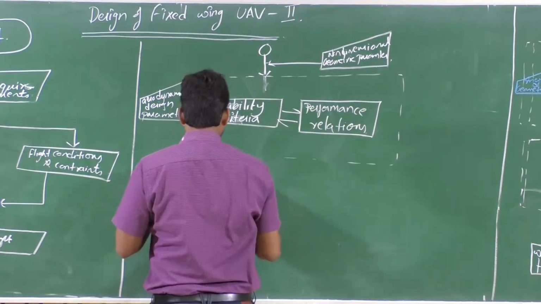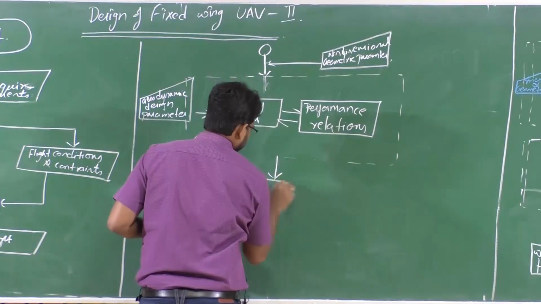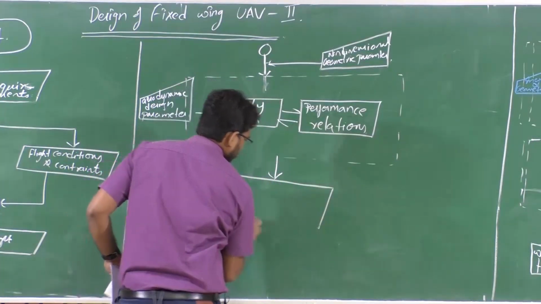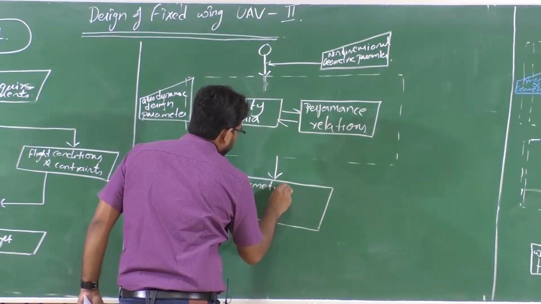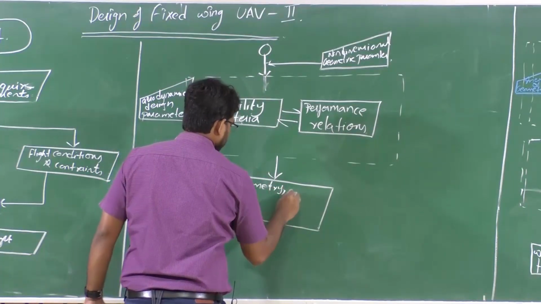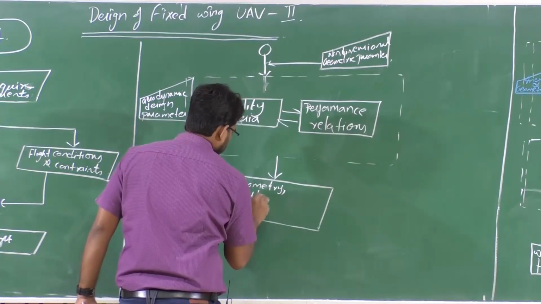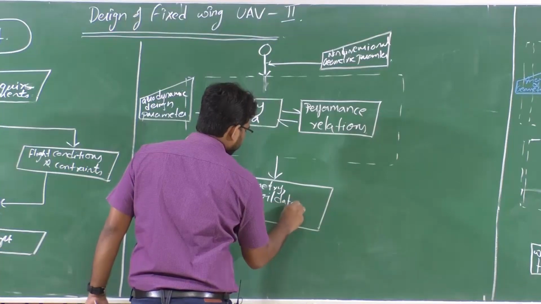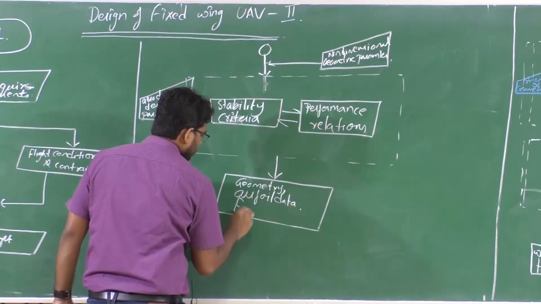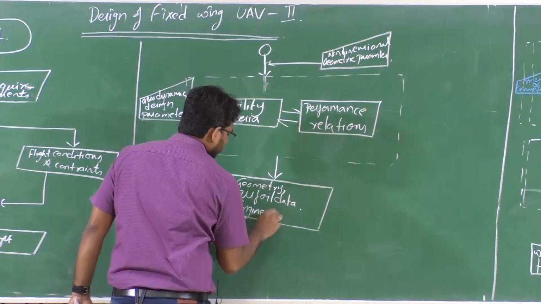So the output from this particular subroutine will be geometry, airfoil data, and also engine capabilities.